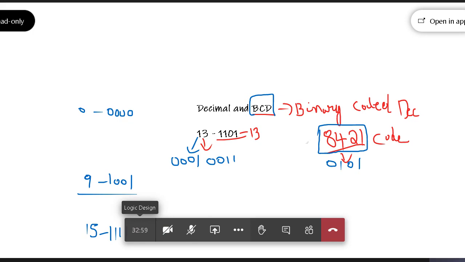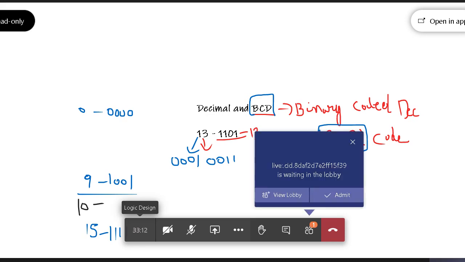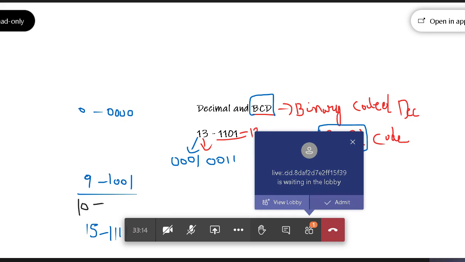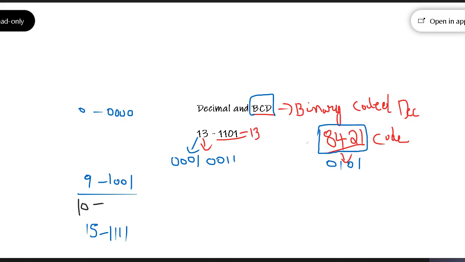So see here, the number 10, I can represent it. What is the value of 10 in binary?